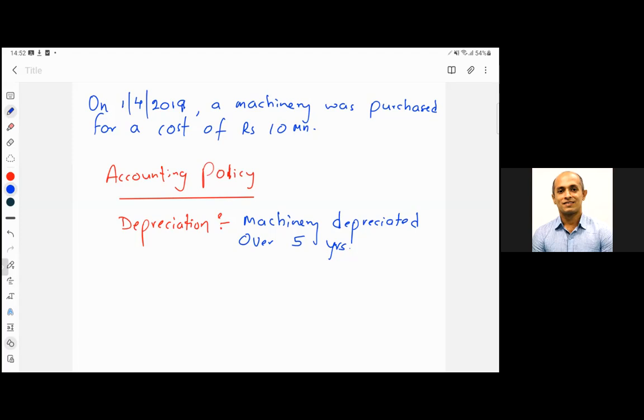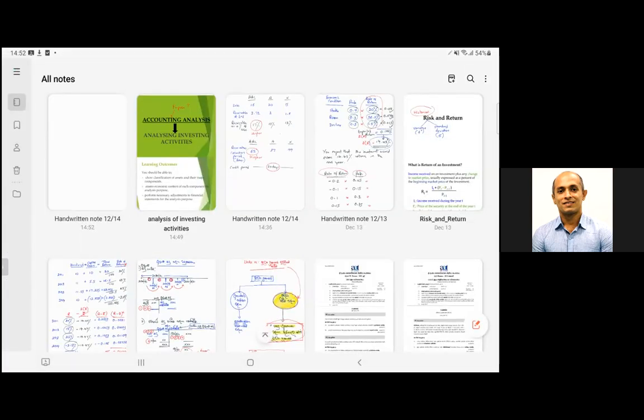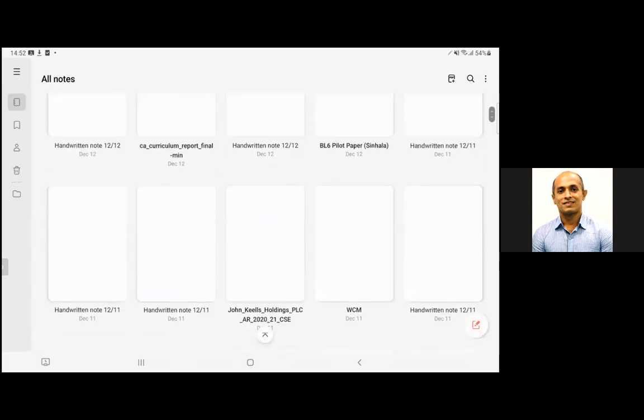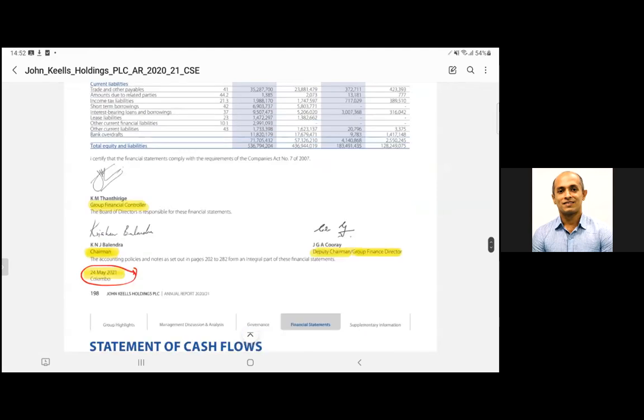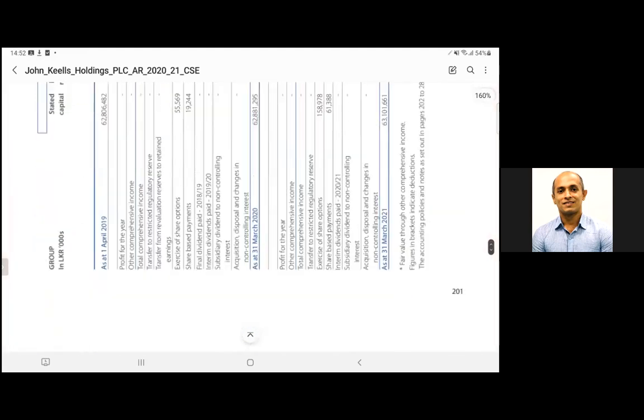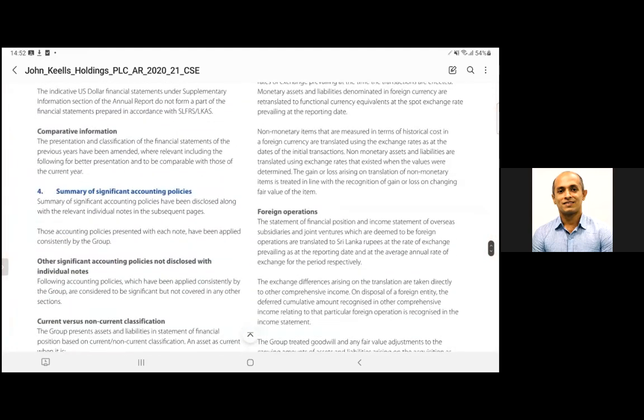Now I'll show a practical example. Let's see John Keel's annual report. This is the annual report of John Keel's Holdings.